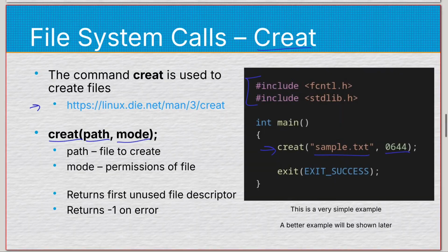Now, the permissions here, when you do creat or the next one, when you're making files, you need a 4-digit number for the mode. We've only really discussed those last three, the 644, 755, etc. And I did mention there is a fourth digit. We are not going to touch on that digit too much.